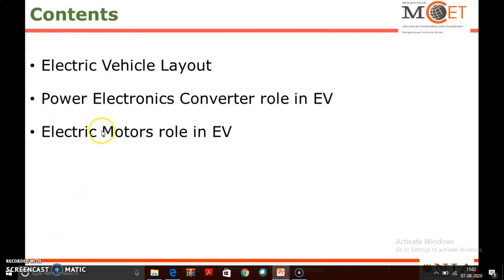So in this class, we are going to see the roles and responsibilities of power electronic converter systems and electric motors in electric vehicles.